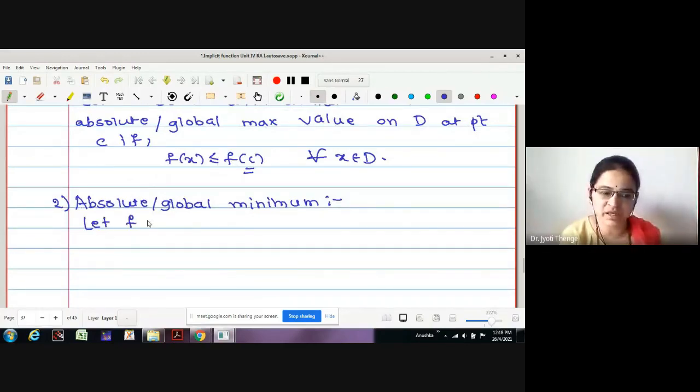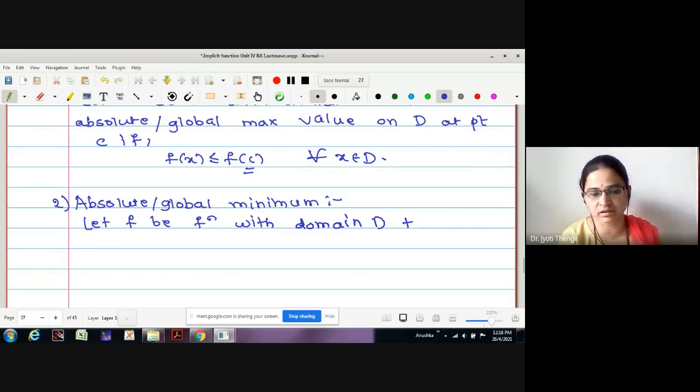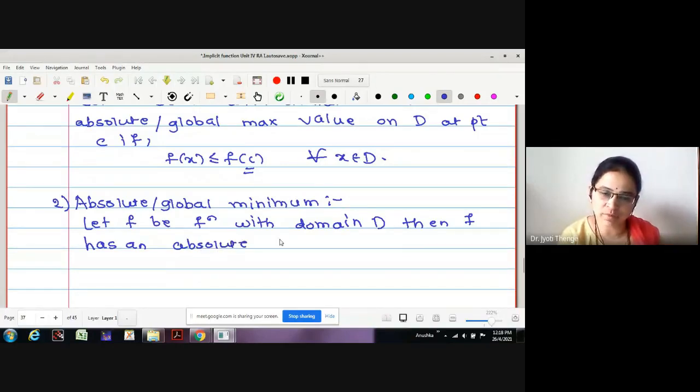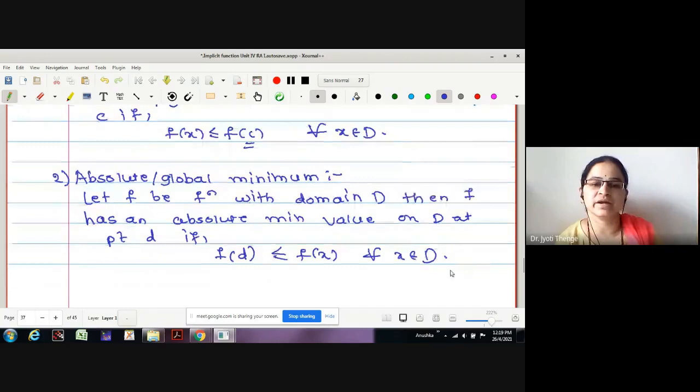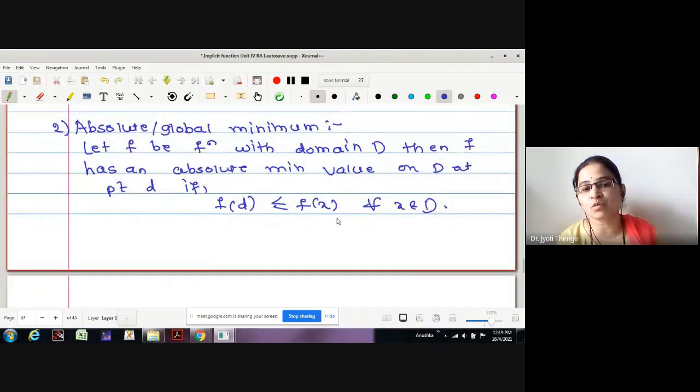Let f be a function with domain D, then f has an absolute minimum value on the domain D at point small d if f of d is less than or equal to f of x for all x in the domain. Therefore, the point d gives us the minimum value for the whole domain.